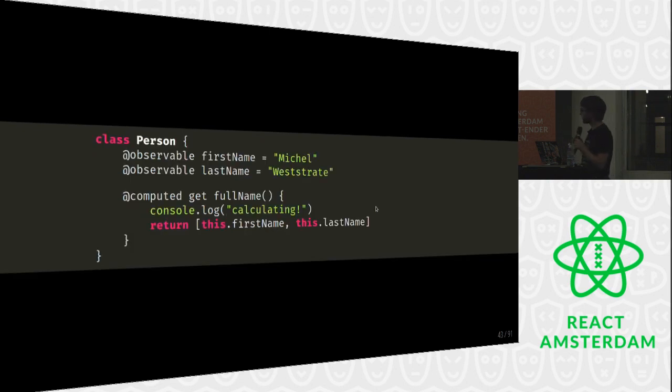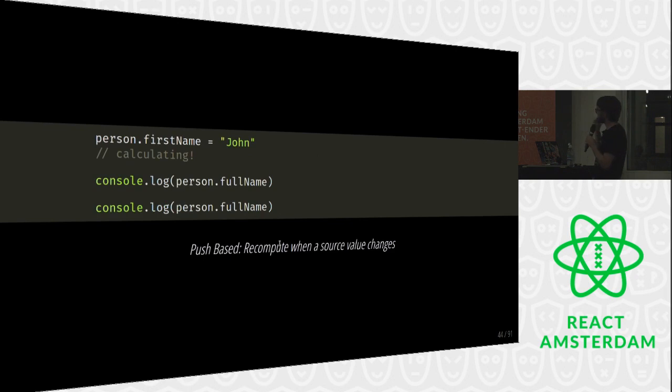But actually, if you have observable data sources and reactive derivations, there's inversion of control. Because data is no longer pulled through your system, but pushed through your system, its runtime behavior is different. So if you have now two observable attributes and the computed full name, then if we change the first name, that will trigger the computed value to be rerun.